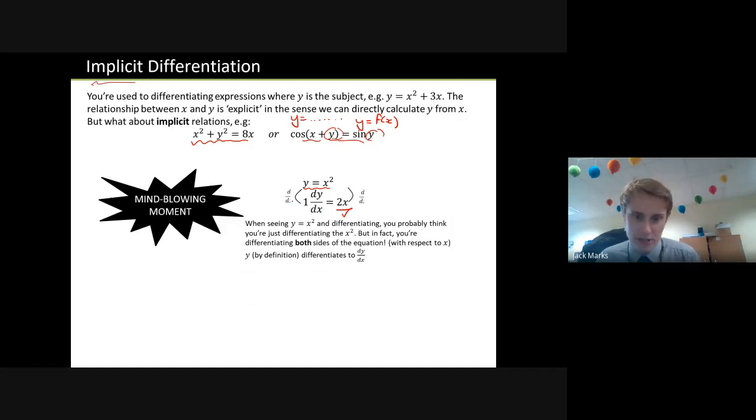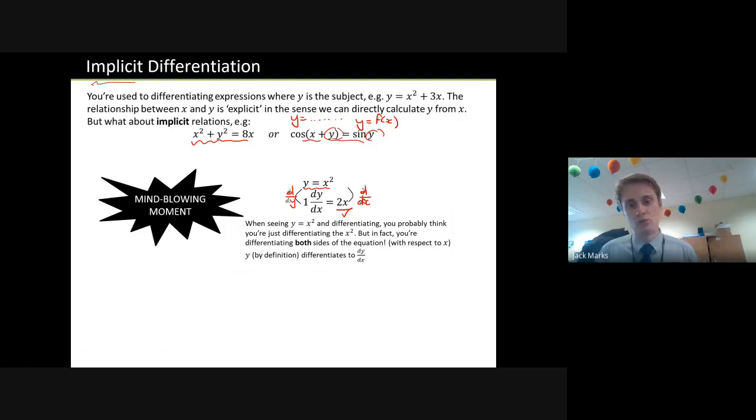But what you were actually doing is you were differentiating the left-hand side with respect to y. In other words, you differentiated y to 1, and at the same time, you were differentiating the right-hand side with respect to x. But that doesn't really work. We don't really like that, okay?